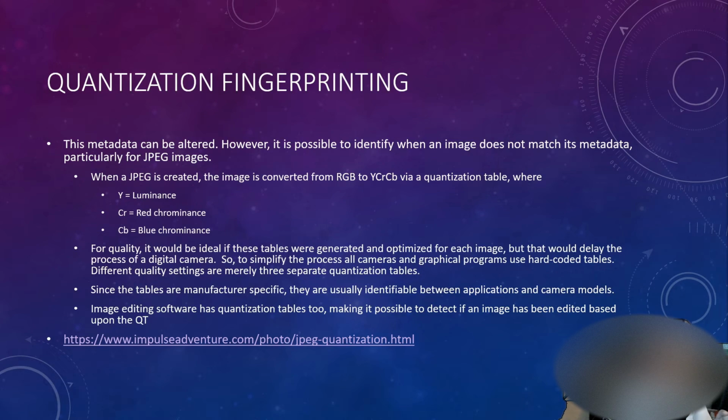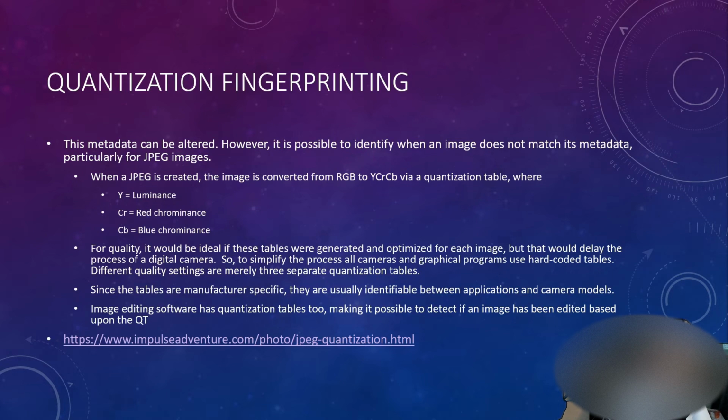In JPEG images, all data is processed in blocks of 8 by 8 or 16 by 16 pixels. So these quantization tables are 8 by 8 values, and it allows the image to be generated much more quickly by using those default values. This also comes into play with image compression, which we'll get to in just a moment. Since these quantization tables are default values, they aren't shared industry-wide.